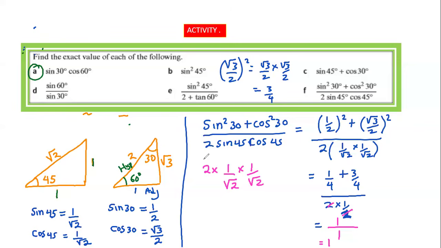Well, I got 2, but yes. So root 2 times root 2, Daniela, what do you get? Shall you get 2? So 2 by 2, 1. Okay. Thank you, teacher.